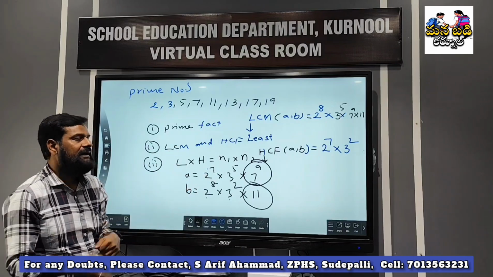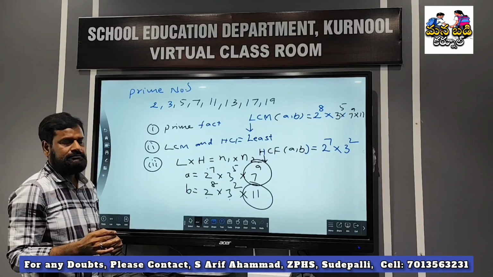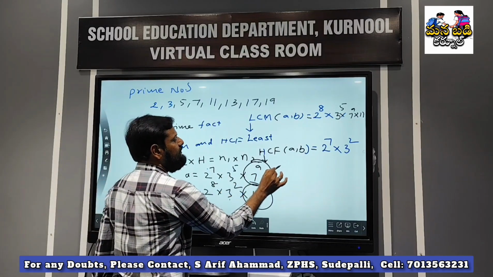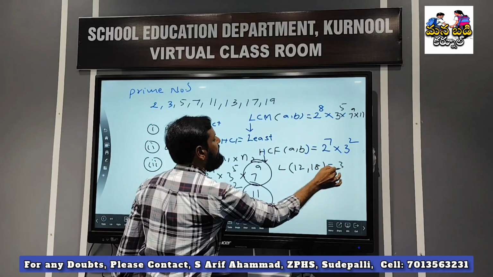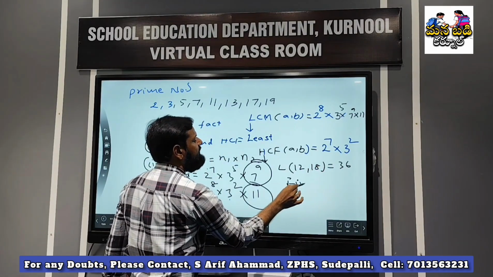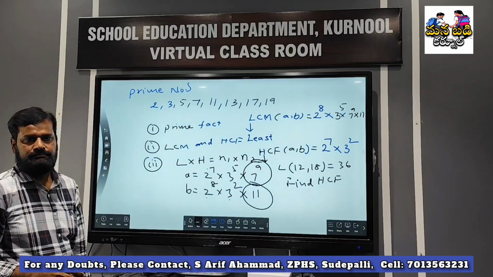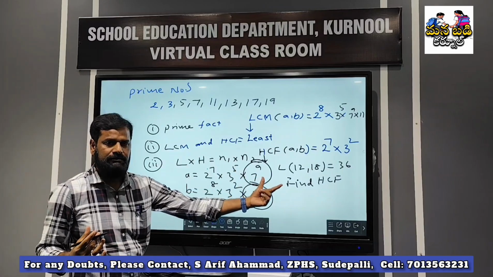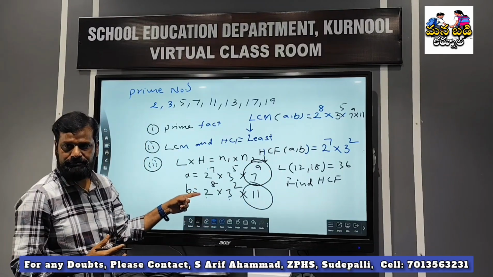Next concept, this formula, LCM and HCF. Suppose the LCM of two numbers, 12 and 18, is 36. Find HCF. To do this problem, you should not do prime factors of 12 and 18, and in this method you have to do.